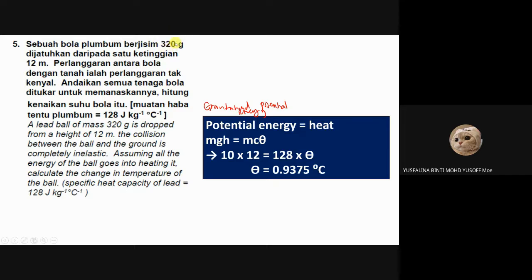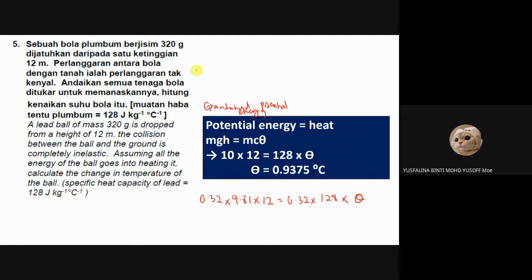So the mass here is 0.32. It should be like this: 0.32 times g, which is 9.81, and then h is 12. And then mcθ: m is 0.32, and c is 128, times θ.